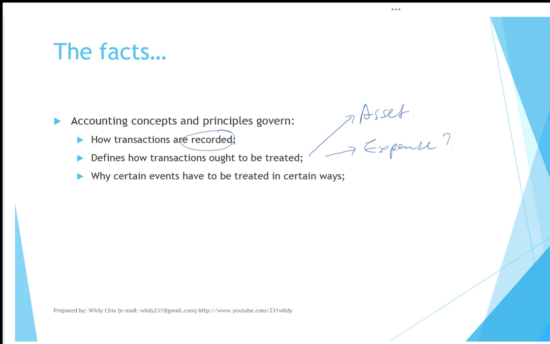And why do we treat certain events in certain ways, such as warranty? As a business, when you purchase and sell electronic goods, you have to provide warranty. Now, how do you treat warranty? Do you treat it as a liability, or do you treat it as an expense? So concepts and principles govern how we handle the recording of certain transactions.